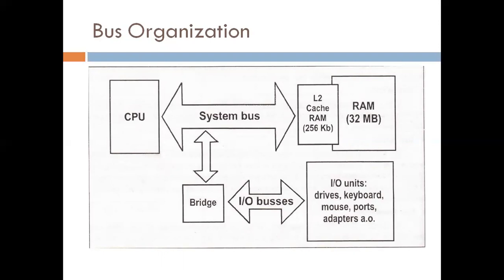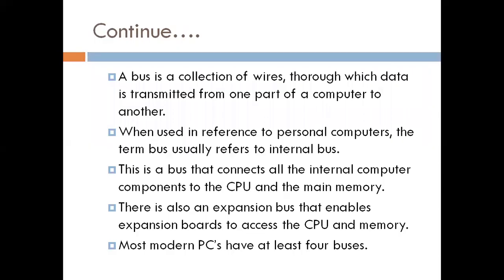Now the third one is bus organization. What is the bus and how is it organized? You can see the diagram of bus organization. There are different components used in bus organization. So first, what is bus? A bus is a collection of wires through which data is transmitted from one part of a computer to another part.